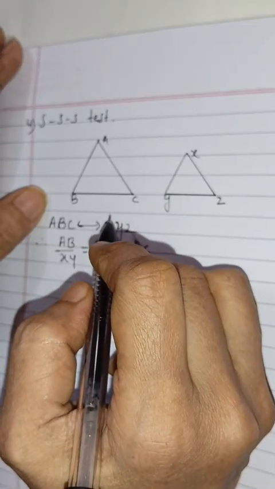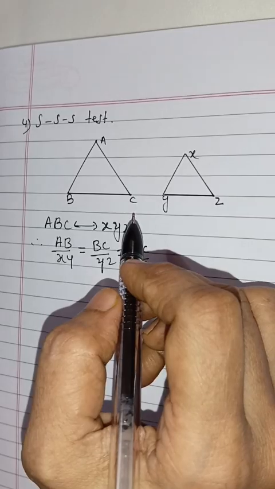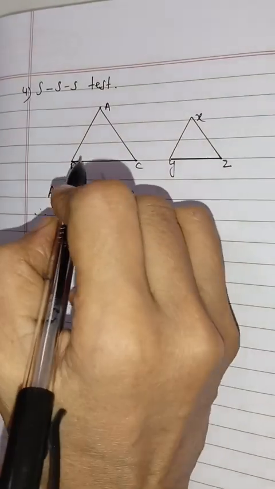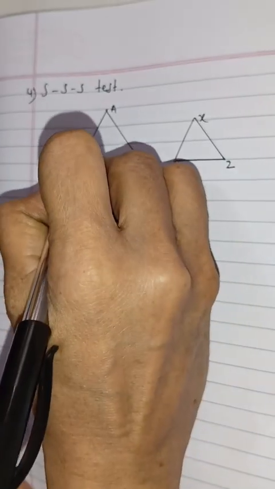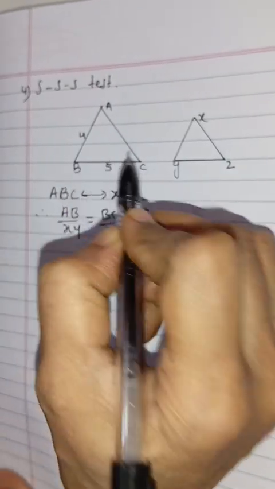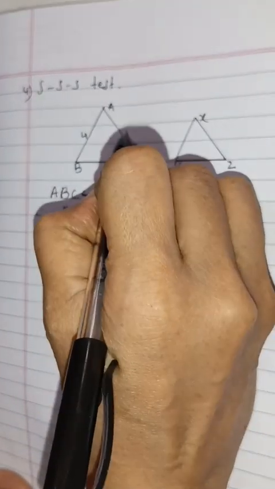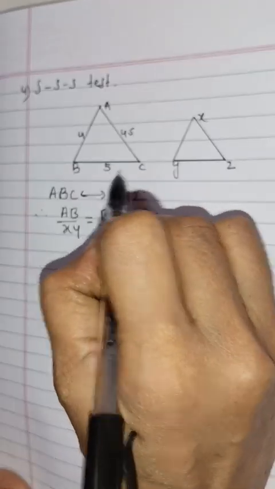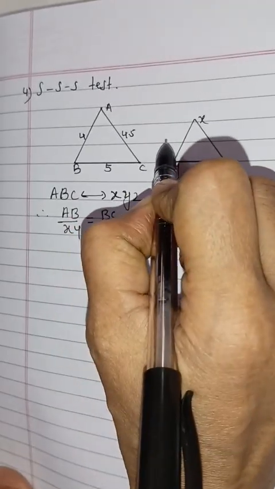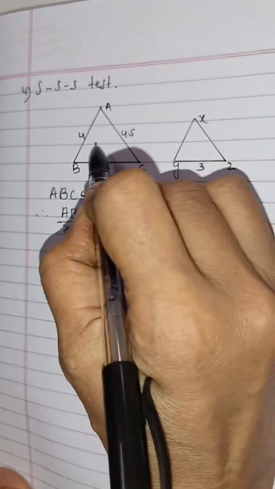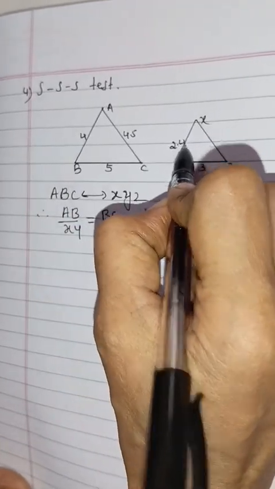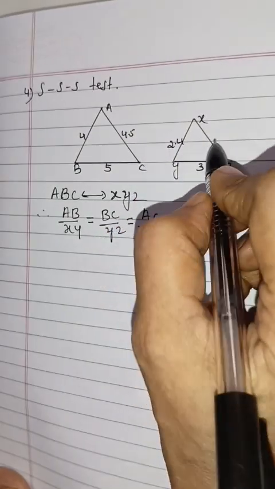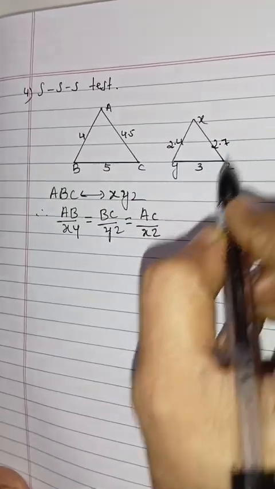For this, if you take, this is 4, this is 5, and this will take 4.5, and this is the smaller one, this is 3, this is 4, here it is 2.4, and here it is 2.7.